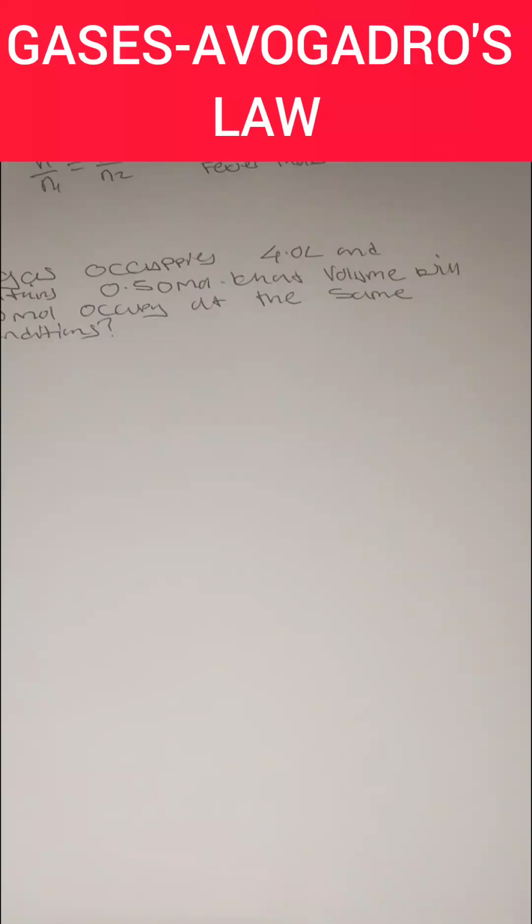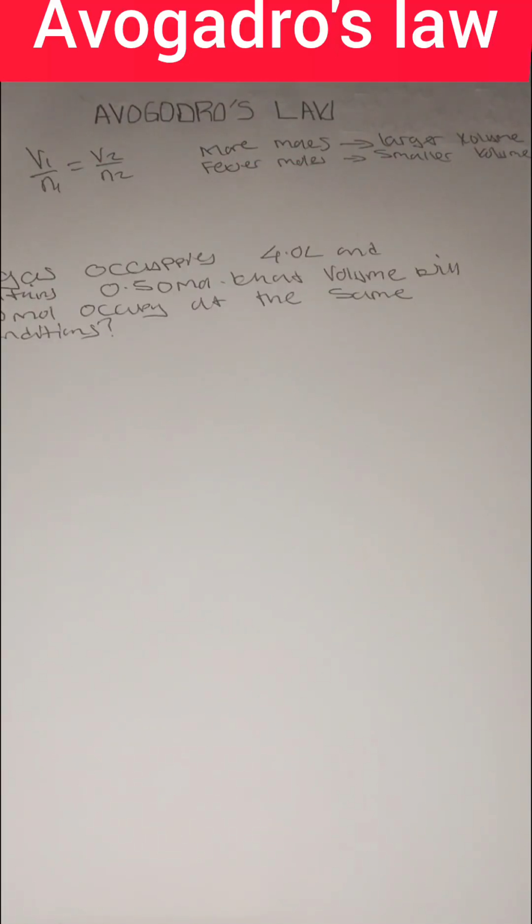Again, as we said in the previous videos, you are going to find that when one increases, the other increases or reduces. But in Avogadro's law, what you are going to find is that the more the number of moles, the larger the volume. The less the moles, the smaller the volume, which means the volume and the number of moles are directly proportional to each other.